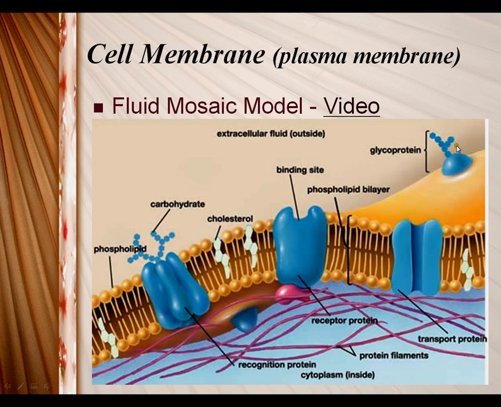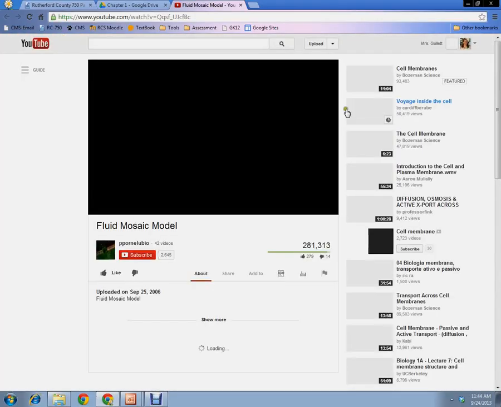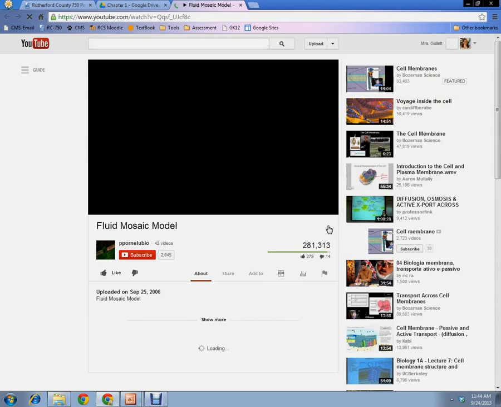Up here, these hexagon-shaped things are the sugars, the carbohydrates, and these are the tags that identify the cell. The cell membrane also contains cholesterol. Here's a video of what the cell membrane would look like if we computer animated it.